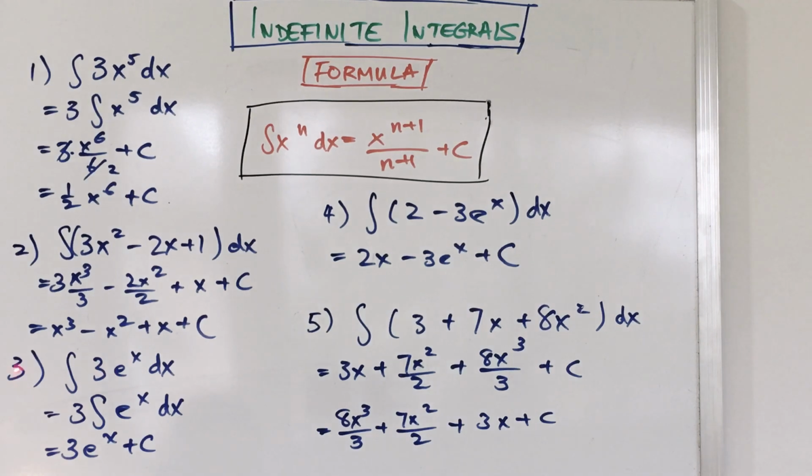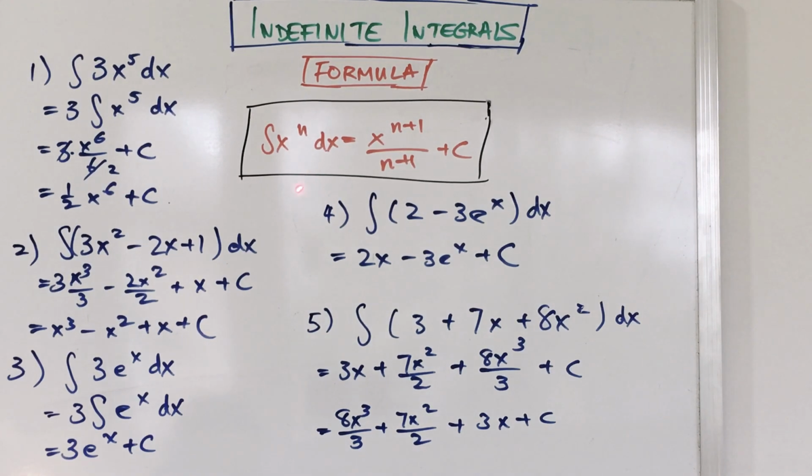So we move on to number 3 now. Integral of 3e to the x, which is that factor comes out here again. So 3 integral e to the x, which I just put this question as a kind of trick question.